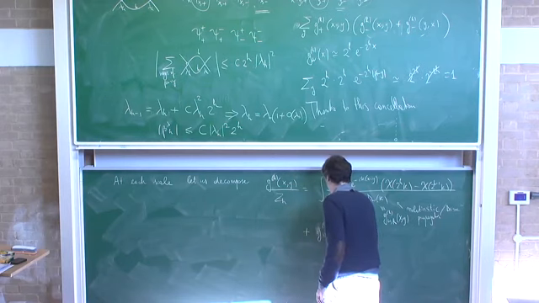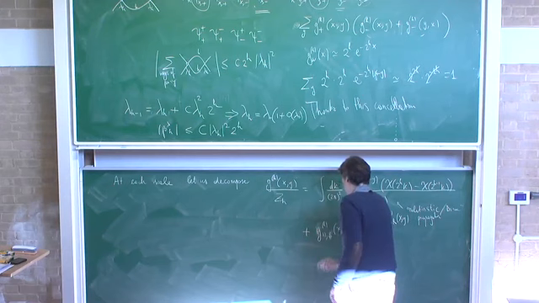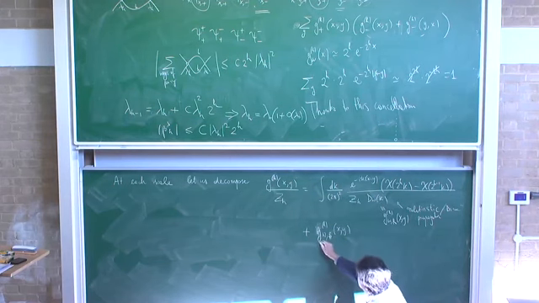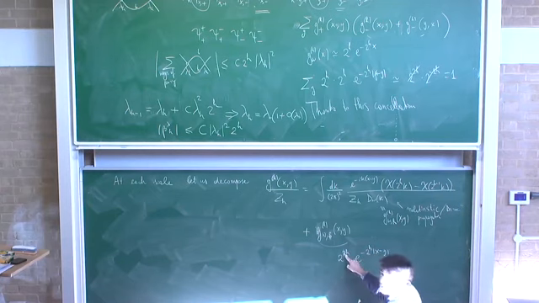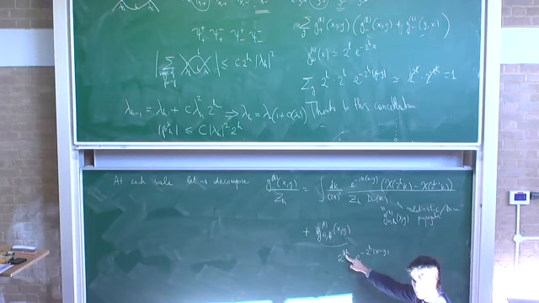S for subdominant. The subdominant part satisfies bounds similar to the original one with an extra factor. Remember, the original estimate of the single scale propagator was this. The subdominant part has a 2 here instead of 1. H is negative, so this is a good term.